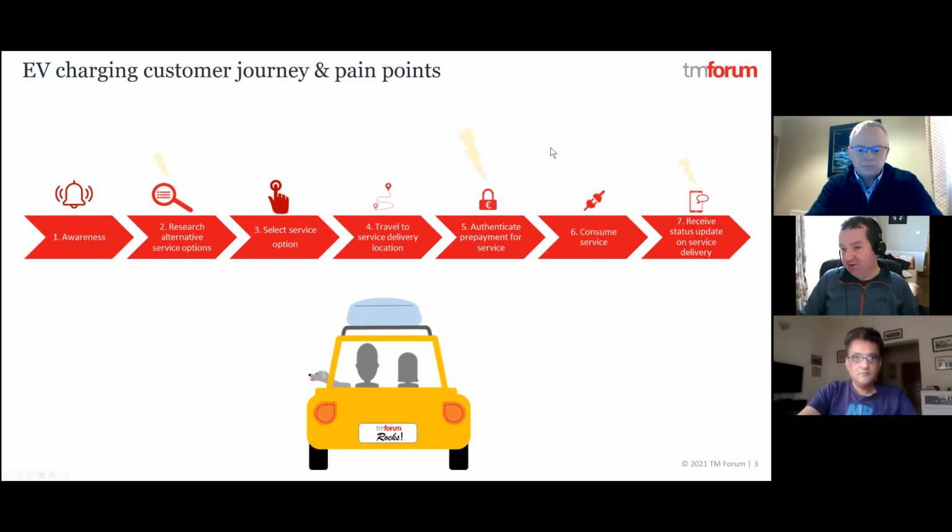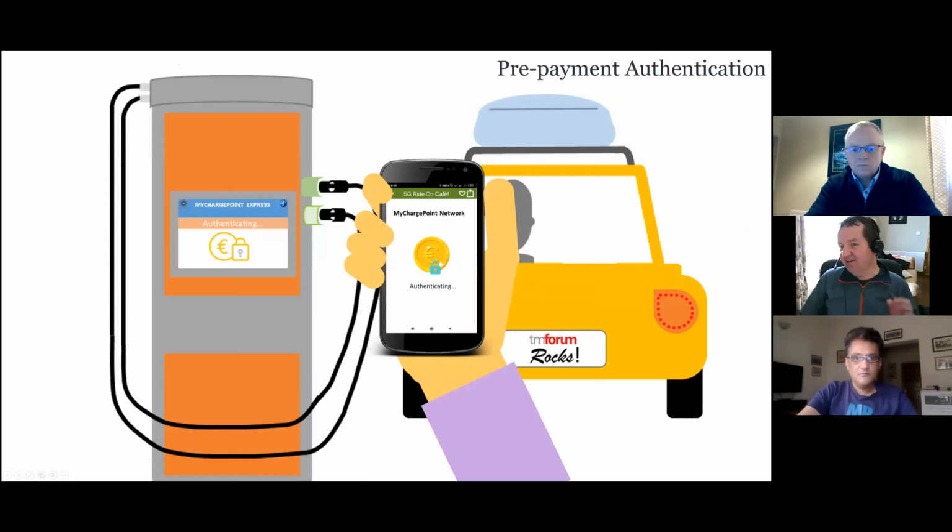So my little lightning bolts here are potential pain points that can happen along this customer journey, and those were the ones that we tried to focus on within the Catalyst from a telco perspective. So I'll just highlight one of them here. When you're prepaying before you actually make a charge, this is fundamental to the business transaction.